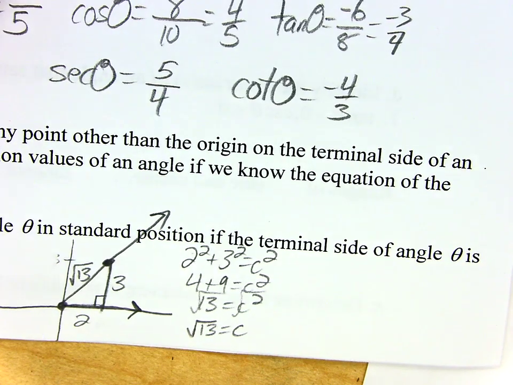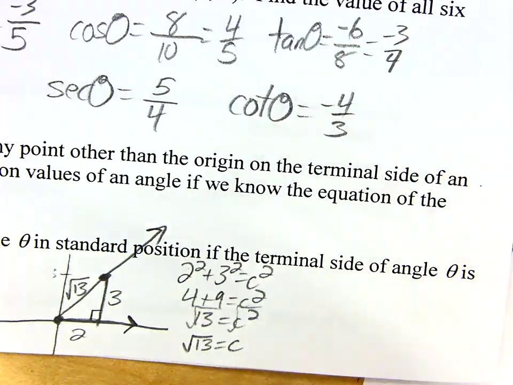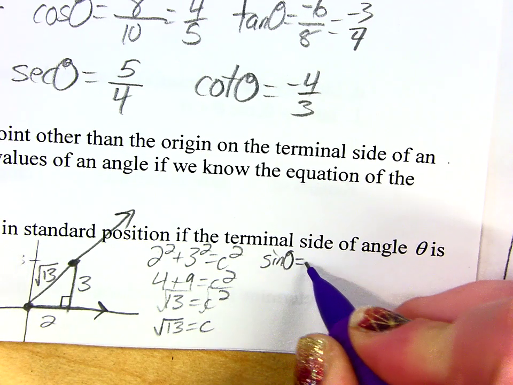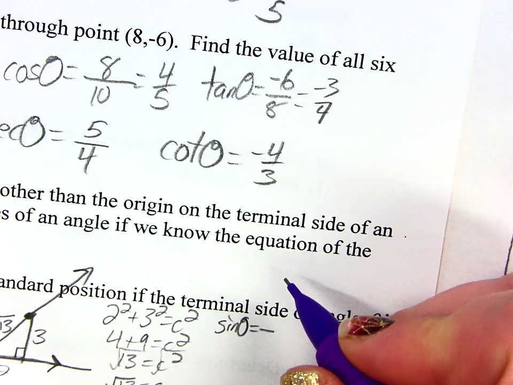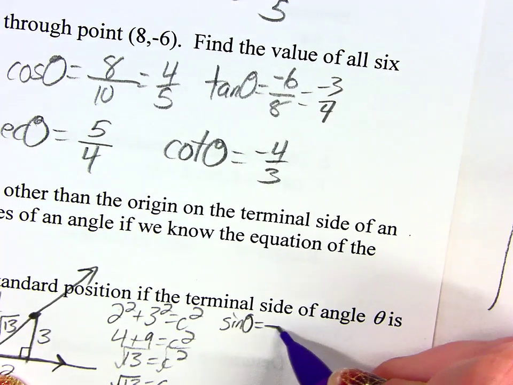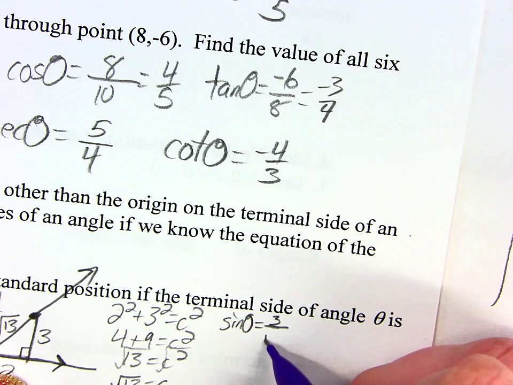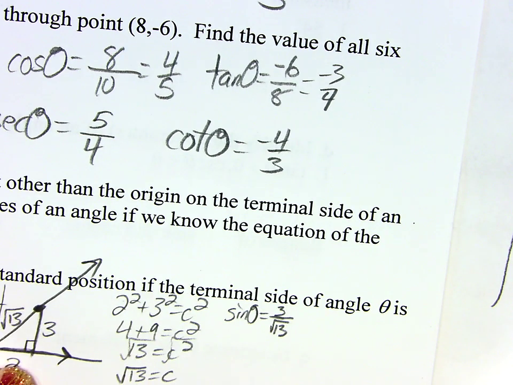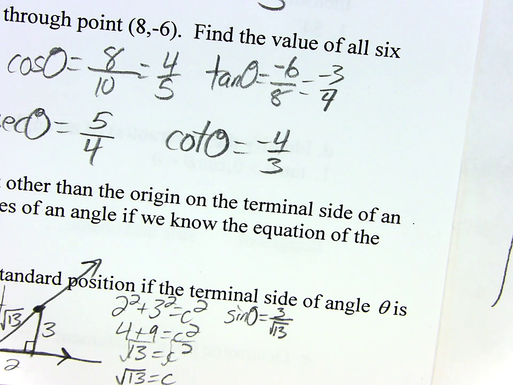And now I have all the pieces that I need to find the 6 trig functions, right? So let's see if I can squeeze them in here. Sine, remember, is going to be y over r, so that should be 3 over root 13. But, of course, we have to make things difficult in math. Are you allowed to leave a square root in the denominator?